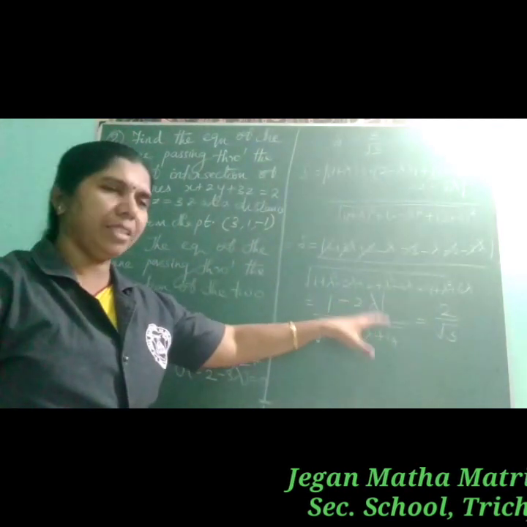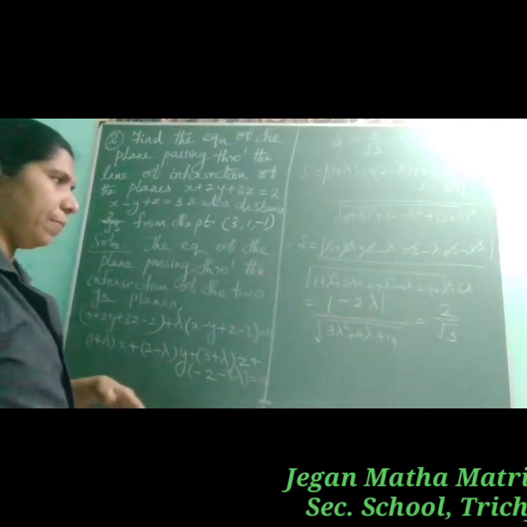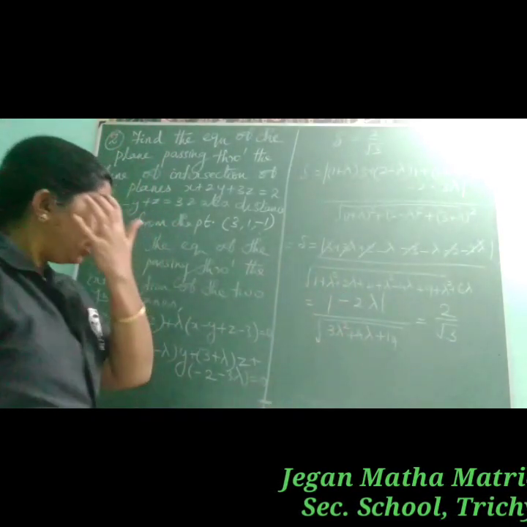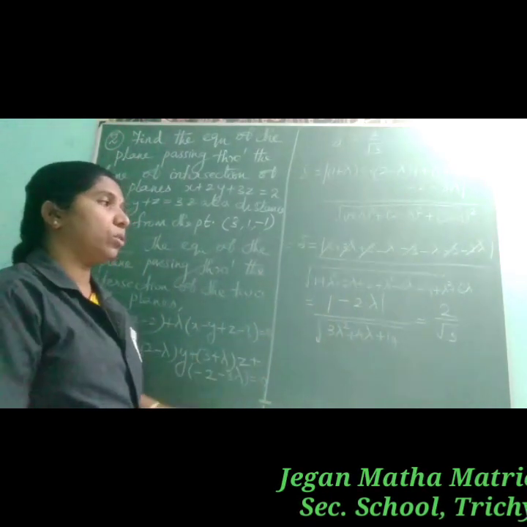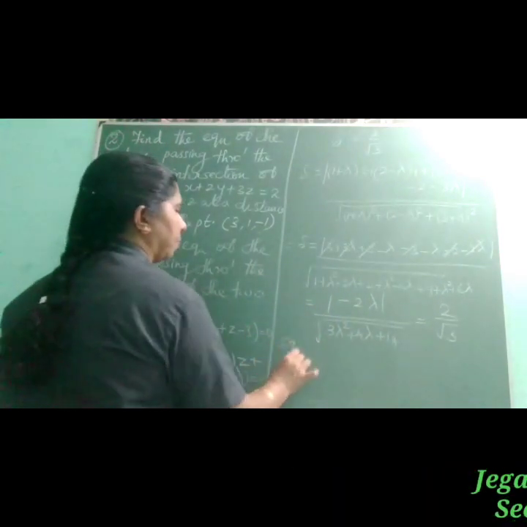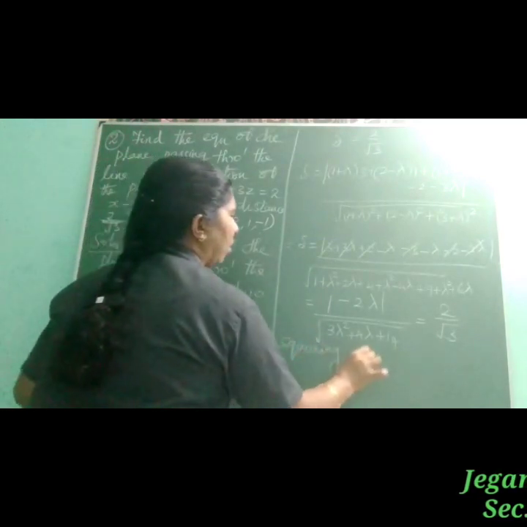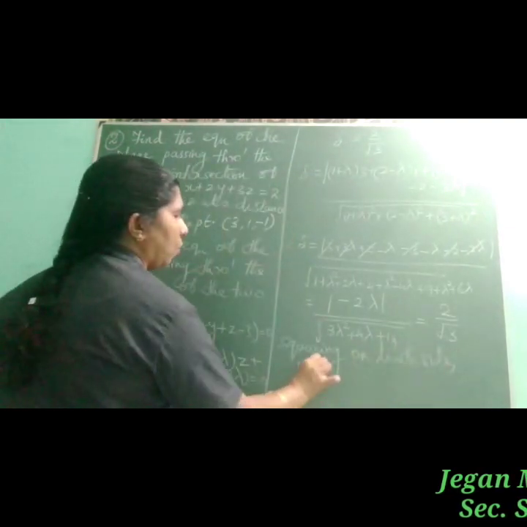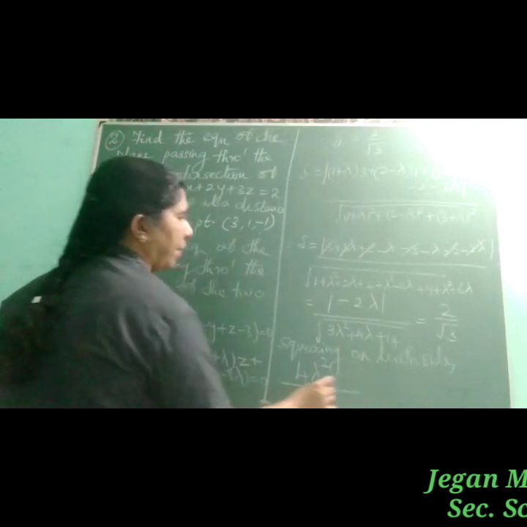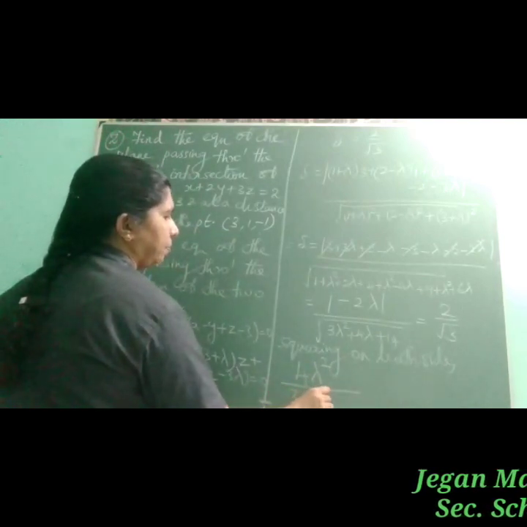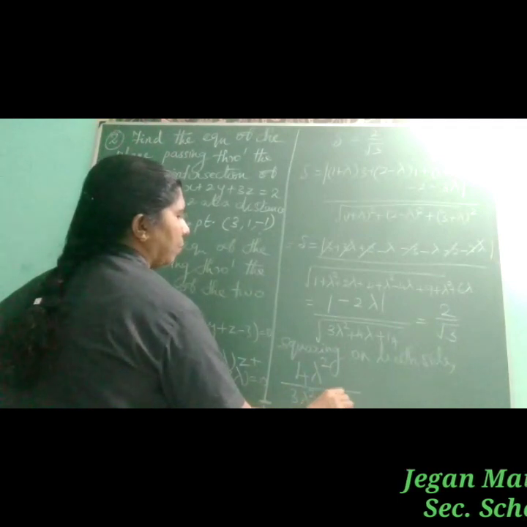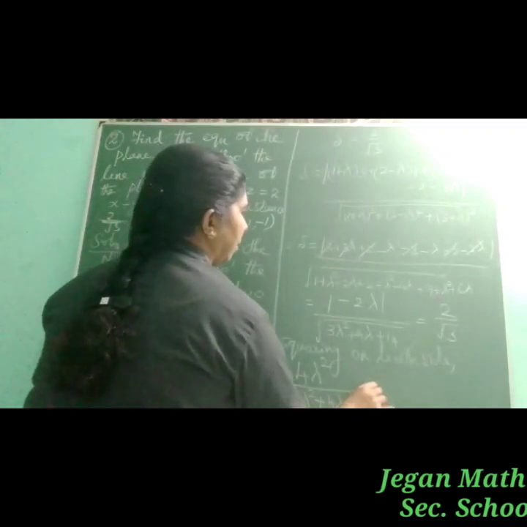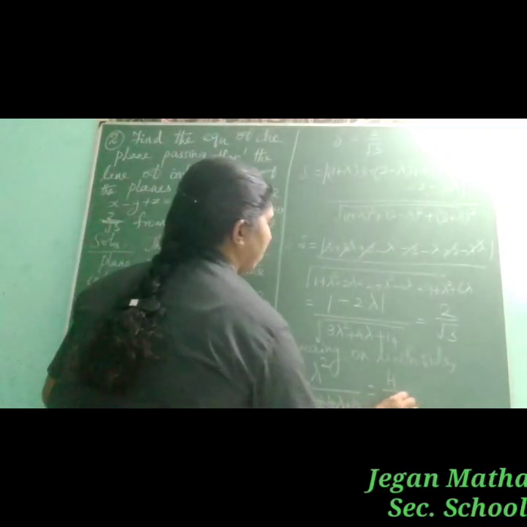When you are simplifying this, we can find out the value of lambda. Since this is a modulus, we can remove the negative sign, and to remove the square root symbol, squaring on both sides, we will get 4 lambda square divided by 3 lambda square plus 4 lambda plus 14, which is equal to 4 divided by 3.